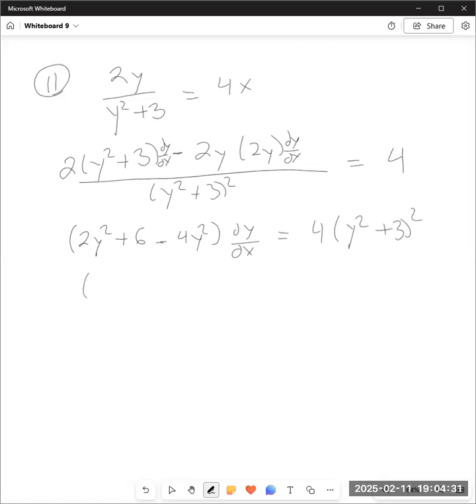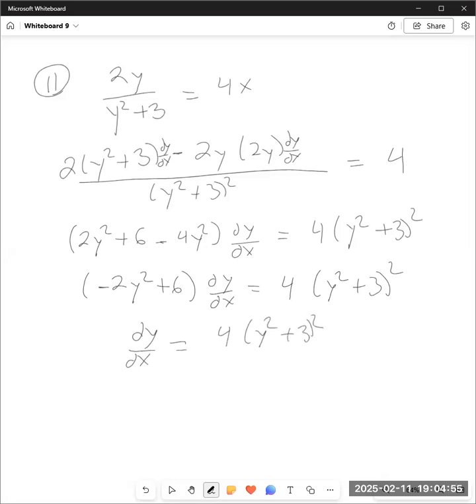So this is a negative 2(y squared plus 3) dy/dx... wait, negative 2 times (y squared minus 3) dy/dx equals 4 times (y squared plus 3) squared. dy/dx is 4(y squared plus 3) squared over... pull out that negative 2. That's going to give me y squared minus 3. So this is going to reduce to negative 2(y squared plus 3) squared over (y squared minus 3).